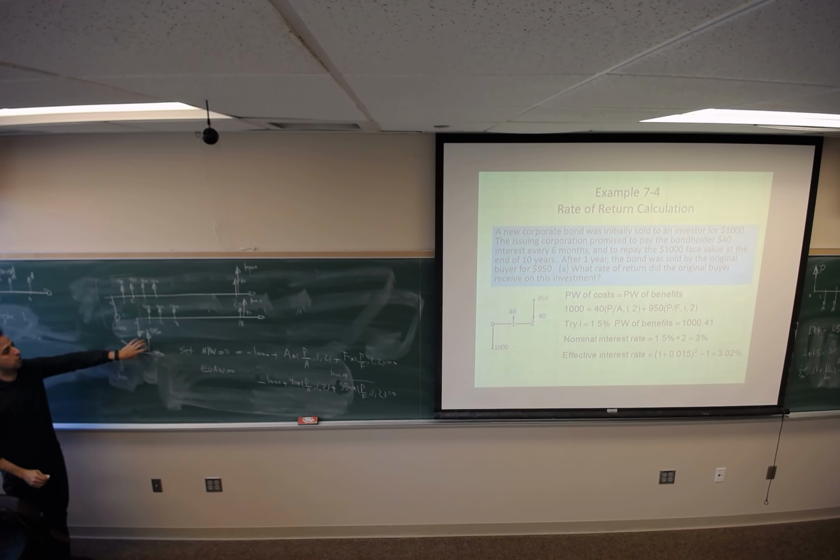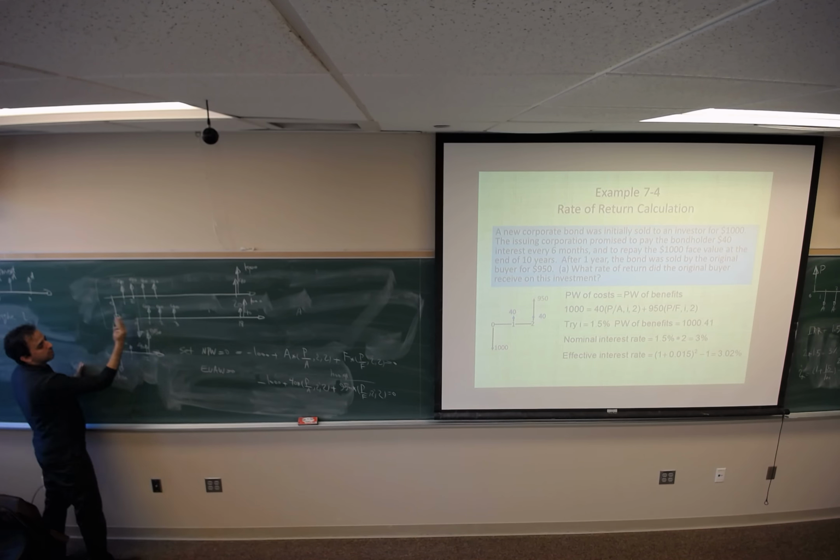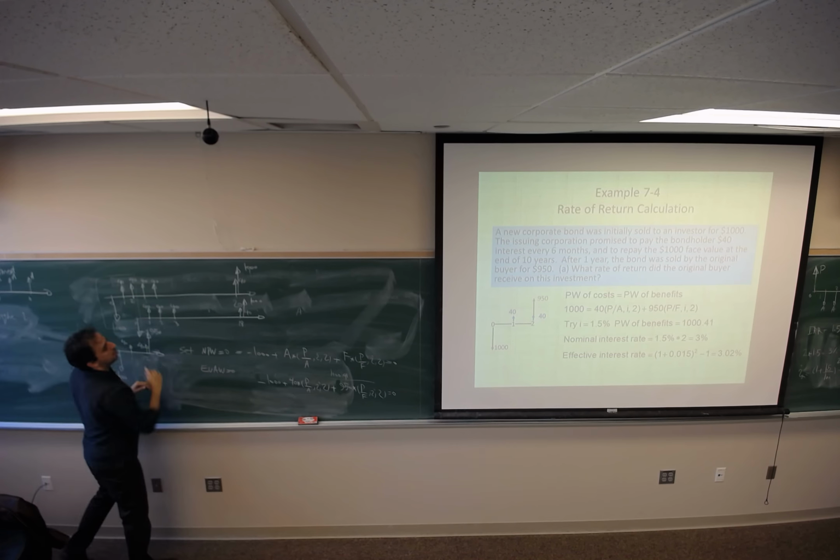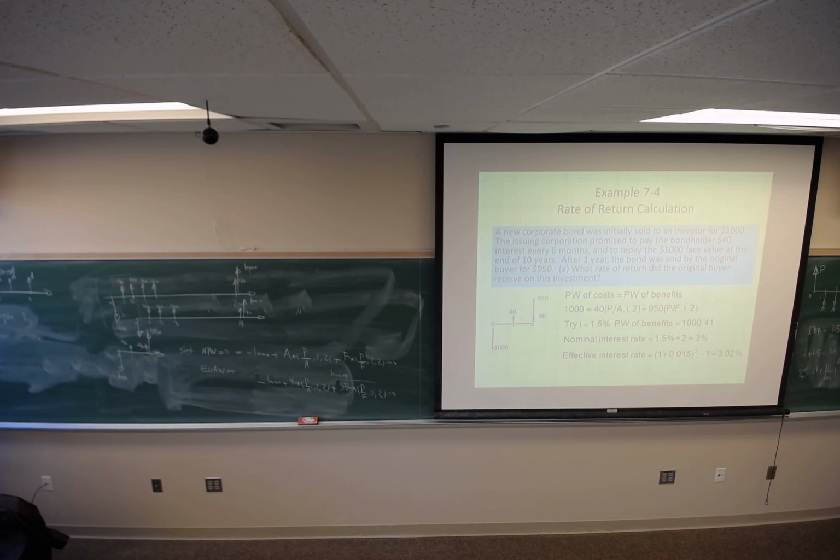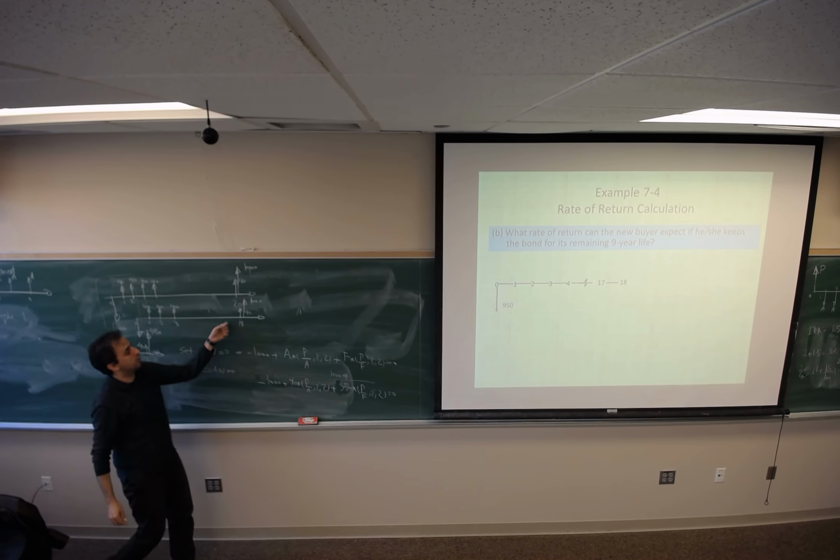You sold the bond to someone else. The new buyer is going to pay $950 to you to buy the bond, and will be paid $40 per 6 months and get paid $1,000 at the end. Now the question is, what would be the internal rate of return for the new buyer?